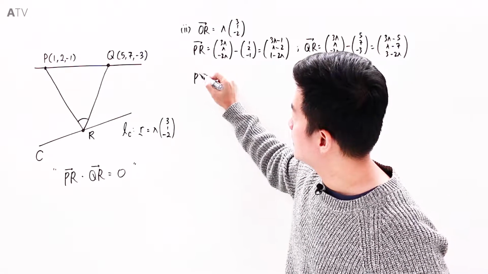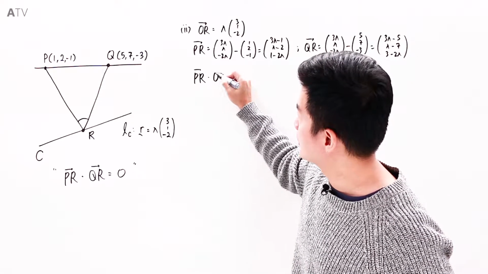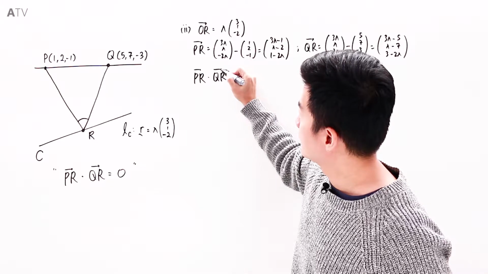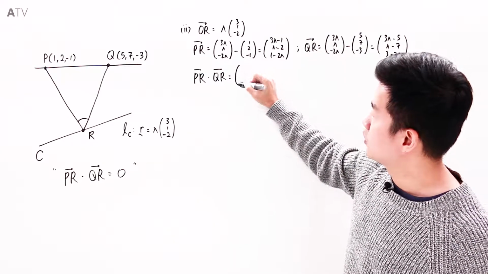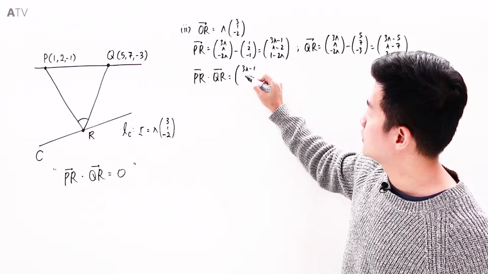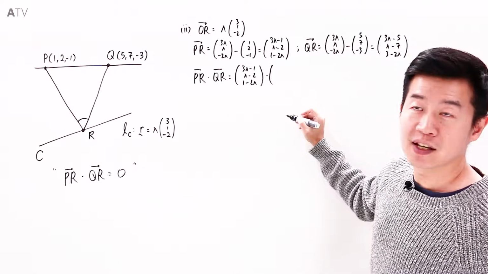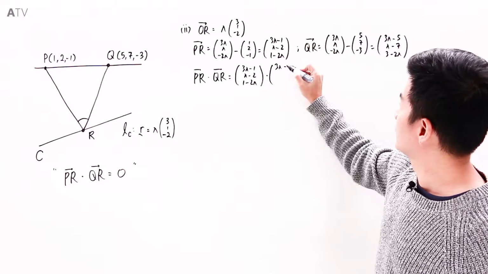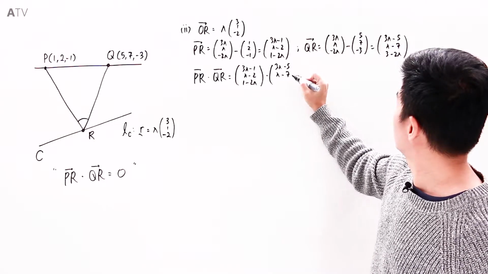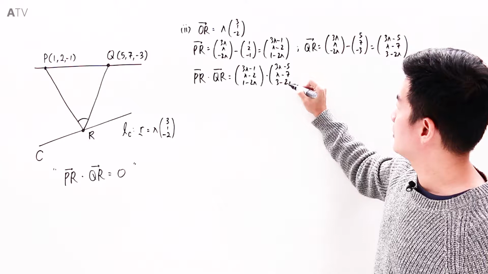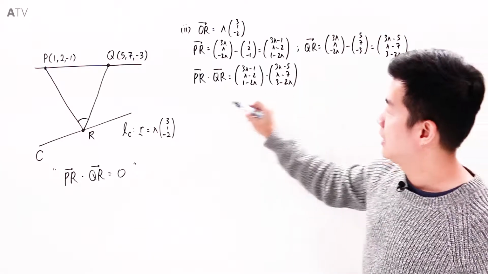Let's try PR dot QR. PR dot QR will be (3 lambda - 1, lambda - 2, 1 - 2 lambda) dot (3 lambda - 5, lambda - 7, 3 - 2 lambda).